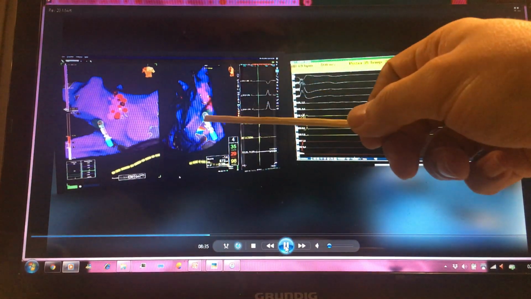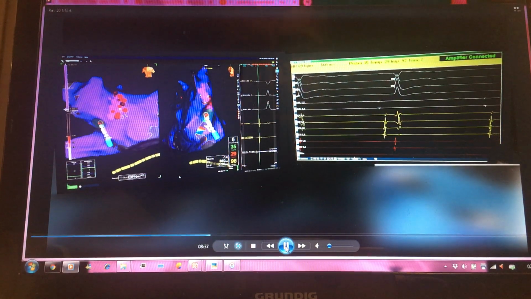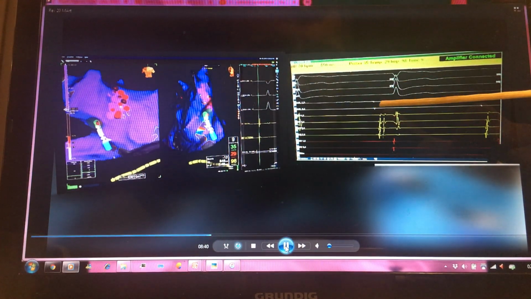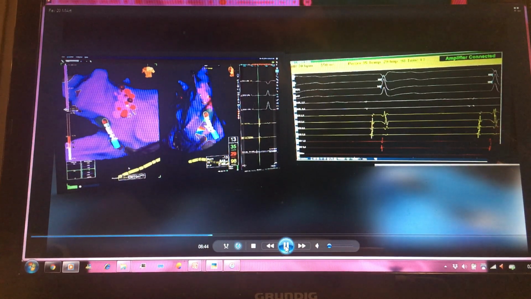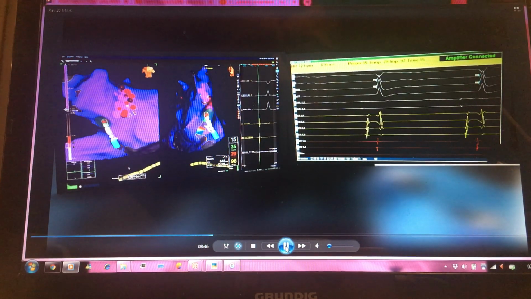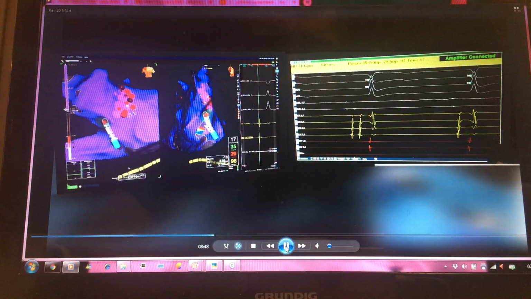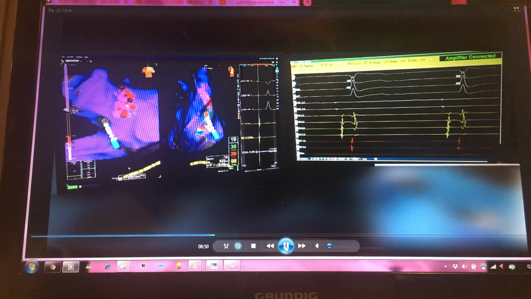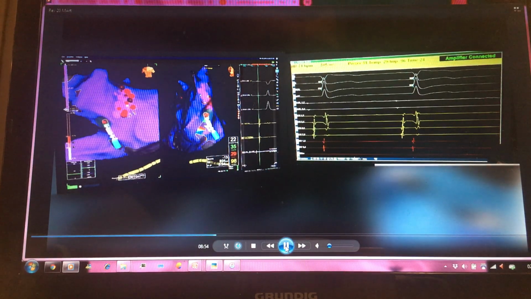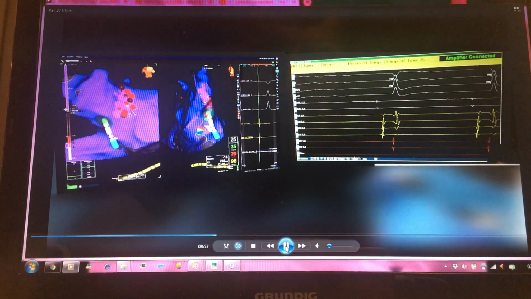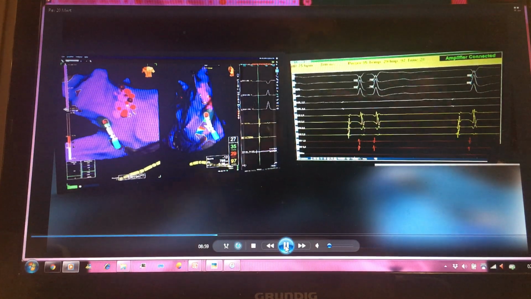You can see the contact point of the RF catheter and also fragmented electrograms here. Again, we are at the ganglion B sites now. We are continuing ablation. You can see fragmented potentials at all those sites.